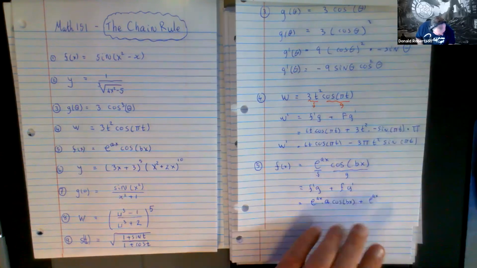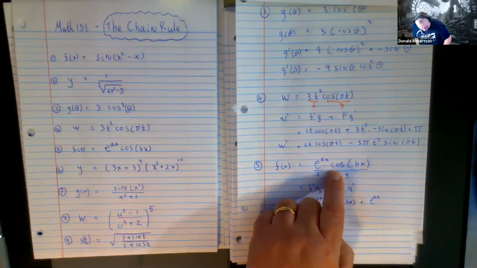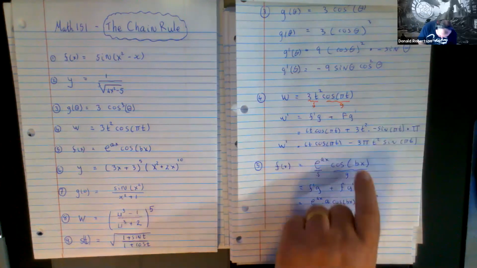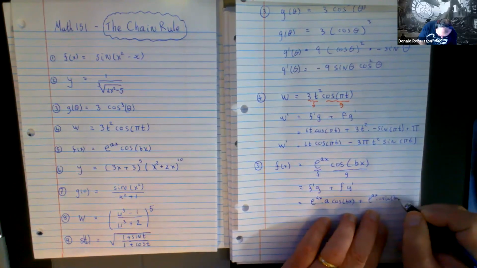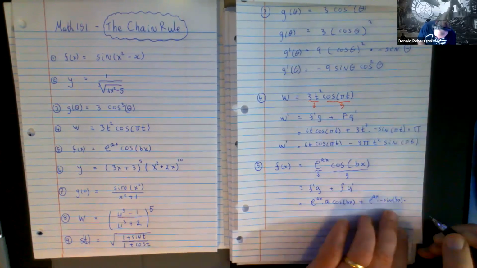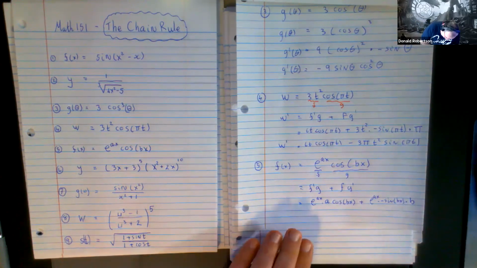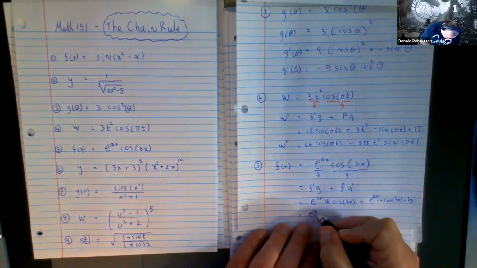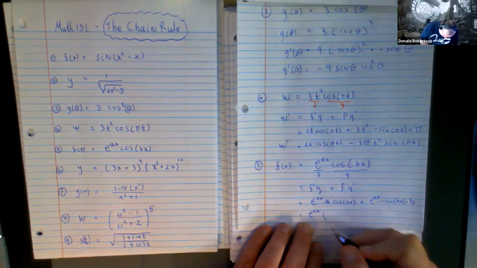God, they seem to be picking a lot of cosines today. Yeah. If you want to differentiate the cosine of bx, think of it as a chain rule. It's a cosine of something. So you get negative the sine of that something times the derivative of it, which is b. And now I'm going to try and make it look pretty. I'm going to pull out e to the ax as a common factor.